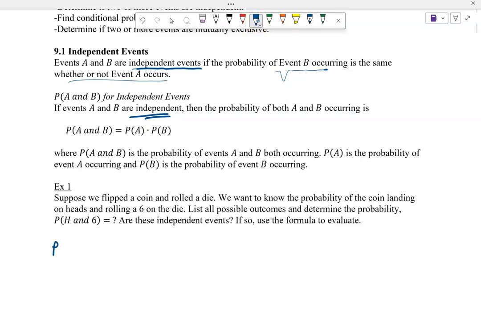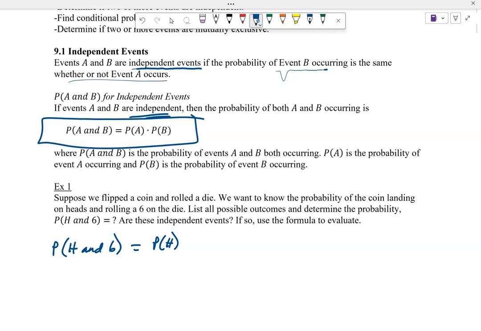So what's the probability of flipping a heads and rolling a 6? Well, if I use probability of A times probability of B, it'd be probability of the heads times the probability of the 6. Well, the probability of flipping a coin and getting the heads is 1 out of 2.